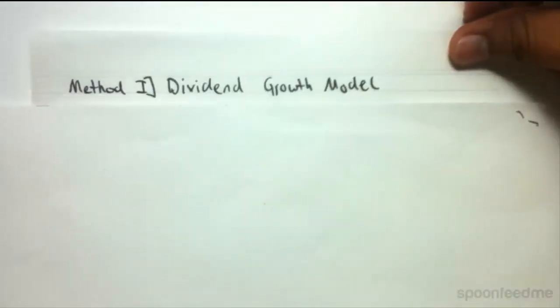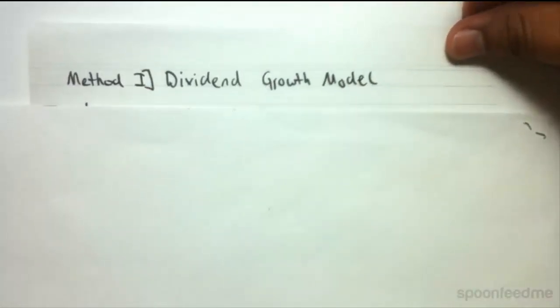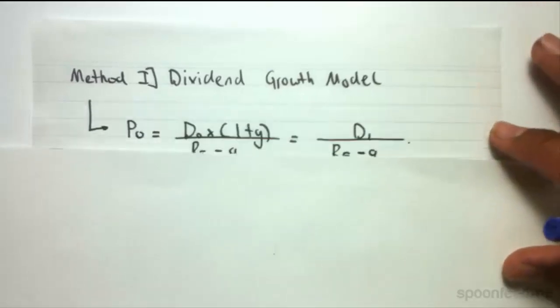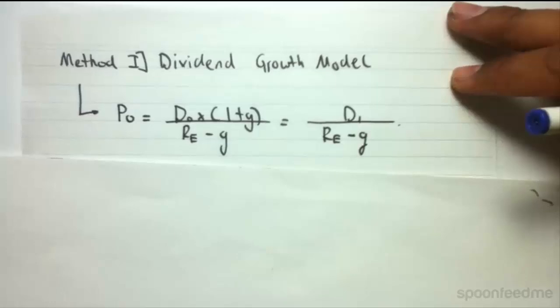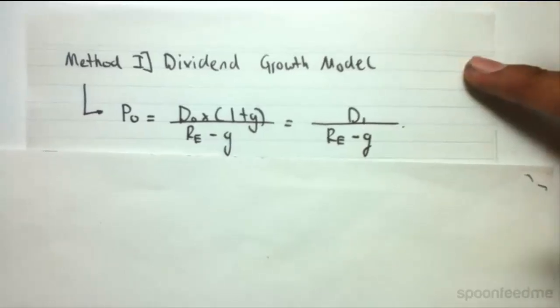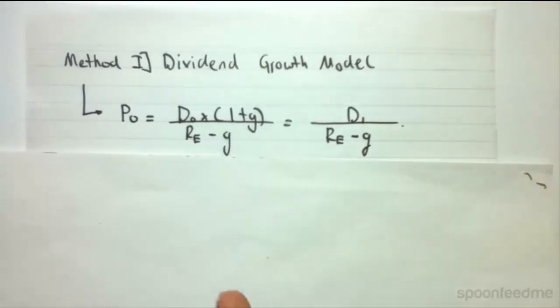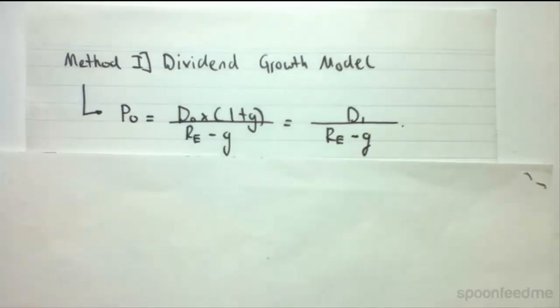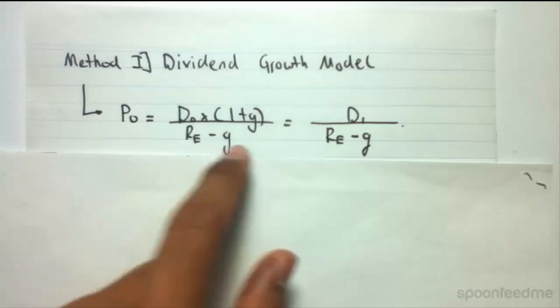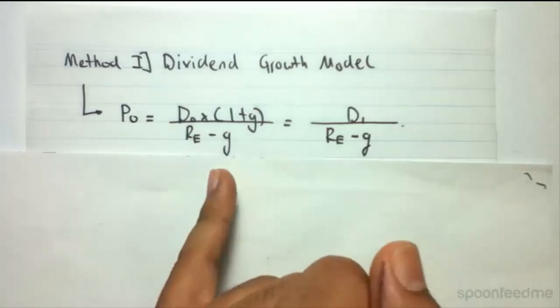So, let's look at the first method of evaluating the cost of equity, or in other words, the return for investors. We use this formula right here. You should be aware of this formula. We use it to find the price of a share, and this should look familiar to you.